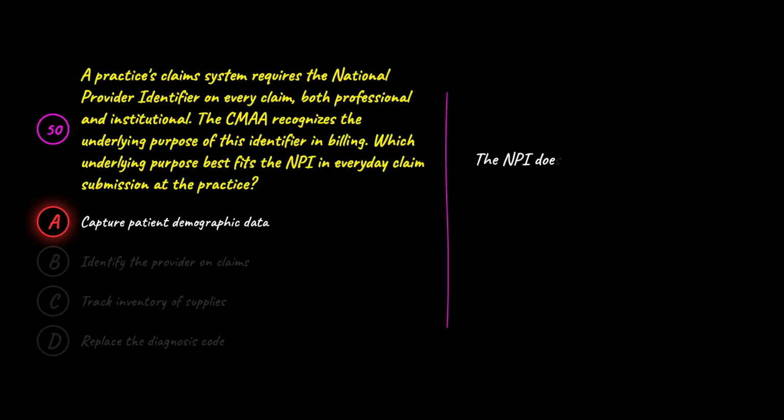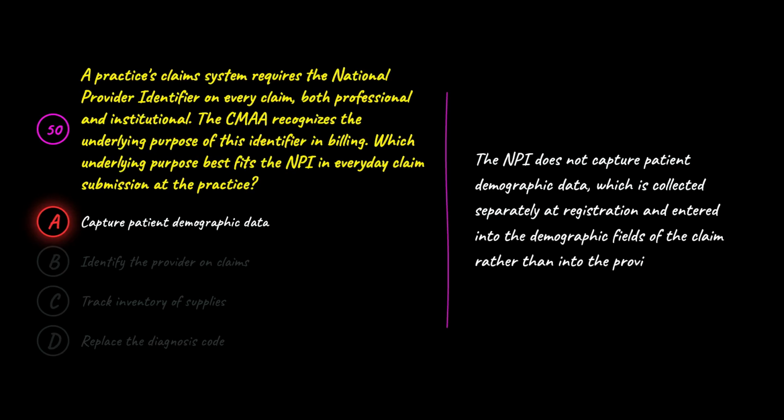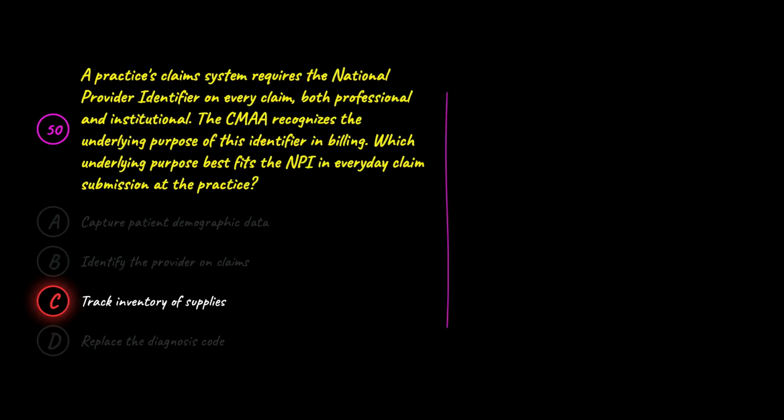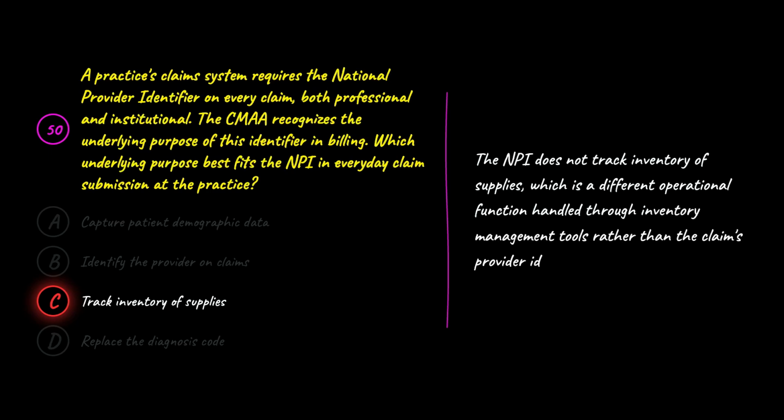A is wrong because the NPI does not capture patient demographic data, which is collected separately at registration and entered into the demographic fields of the claim, rather than into the provider identifier. C is wrong because the NPI does not track inventory of supplies, which is a different operational function handled through inventory management tools, rather than the claims provider identifier field at the practice.